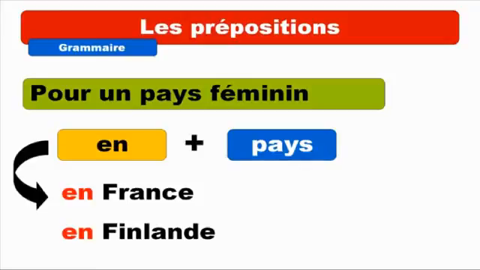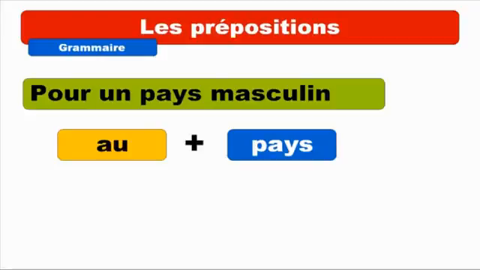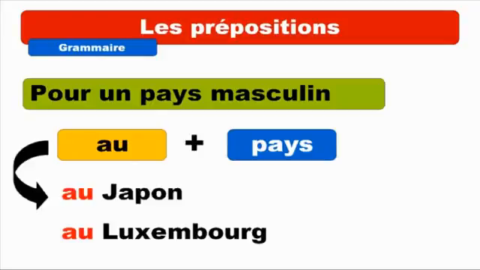For masculine countries, as we saw previously, preposition au and then the country. Examples: au Japon, repeat, au Japon. And then au Luxembourg, repeat, au Luxembourg.